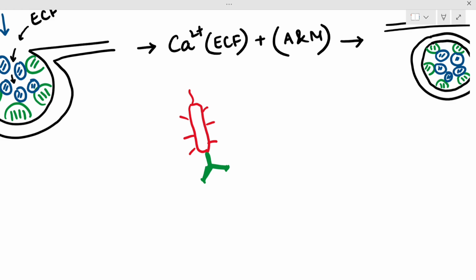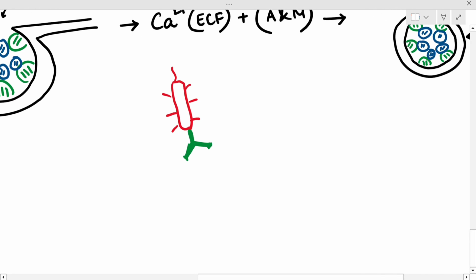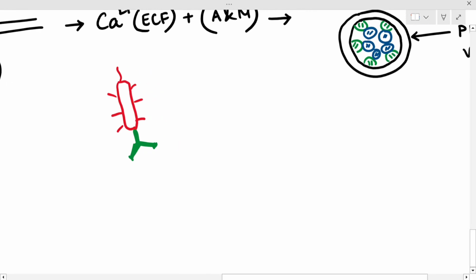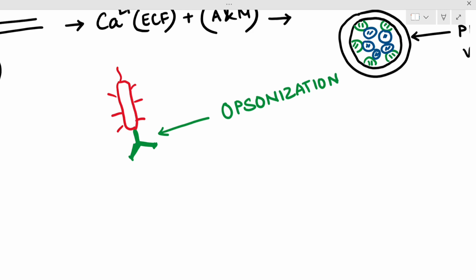So this attached antibody makes it more visible to get attracted to that particular receptor and finally gets ingested into the cell. So this intermediation by antibodies is known as opsonization. Okay. So in phagocytosis, this opsonization process also takes place.